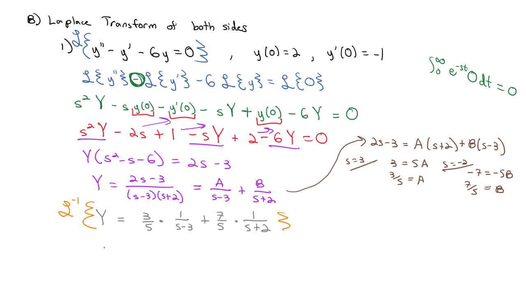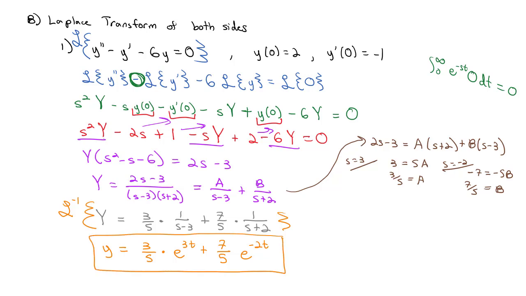The inverse Laplace transform of capital Y is lowercase y, equals 3/5 times the inverse Laplace transform of 1 over s minus 3, which is e to the 3t, plus 7/5 times the inverse Laplace transform of 1 over s plus 2, which is e to the -2t. And now we have solved the differential equation by using the Laplace transform to make it into an algebra problem that we already know how to solve.